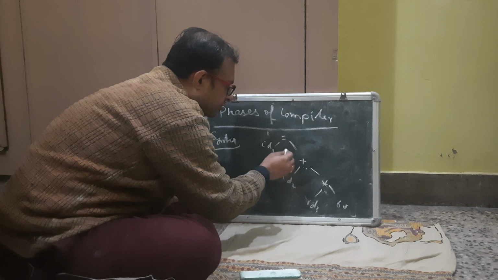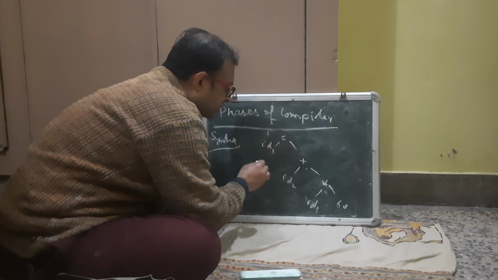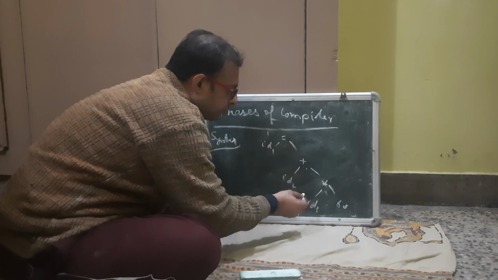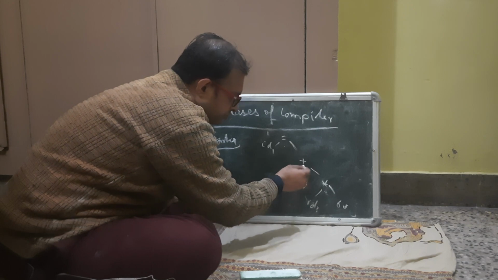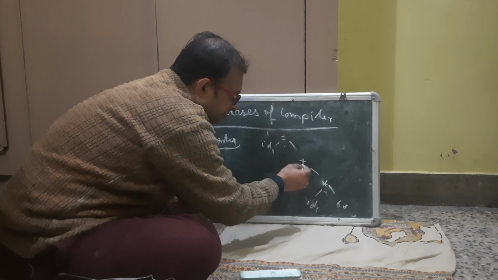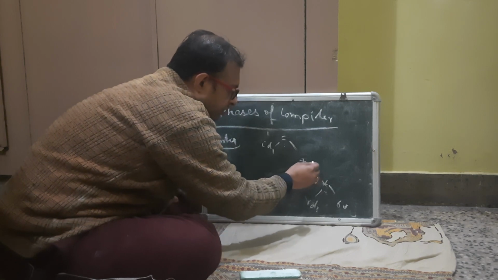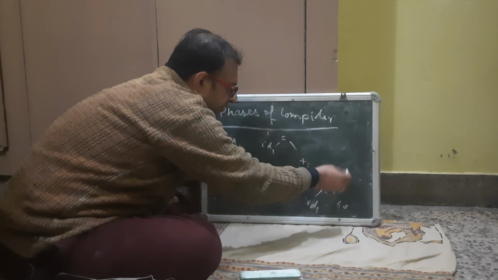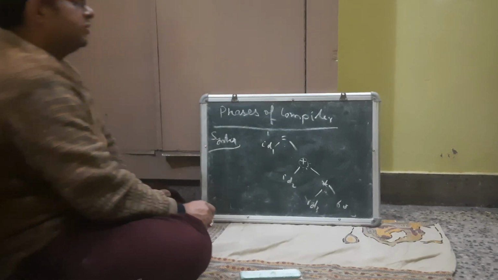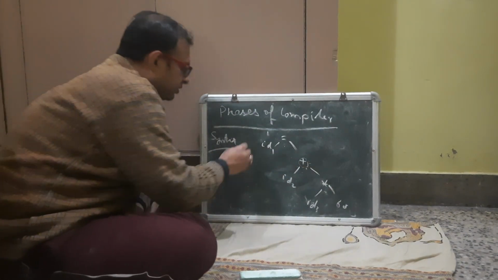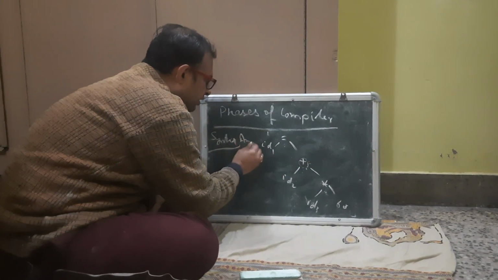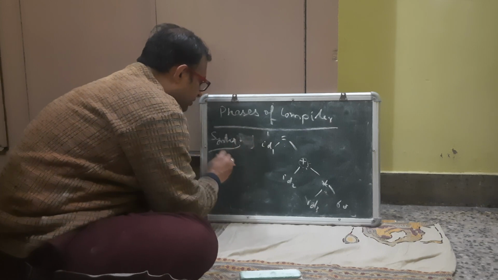Then the next operation, which is at the root, is the assignment operation: identifier equals to expression, this expression being the result of the plus operation accumulated at this node. So this is the output of the syntax analysis phase.